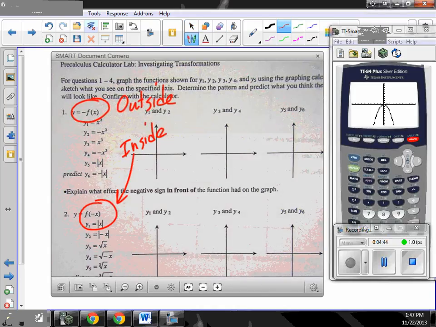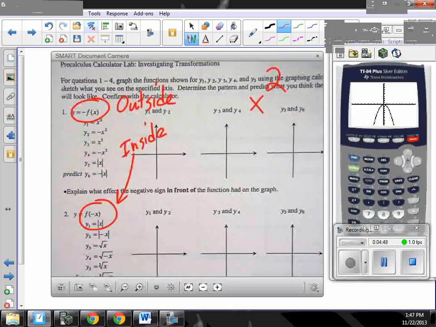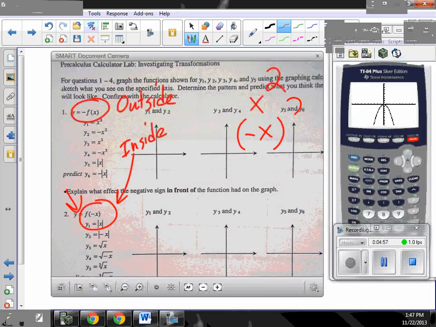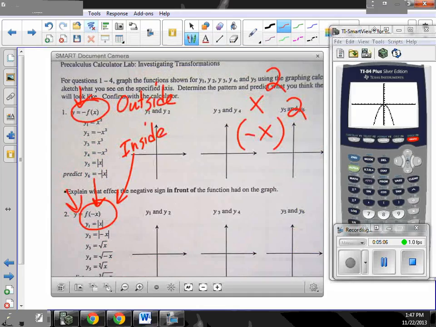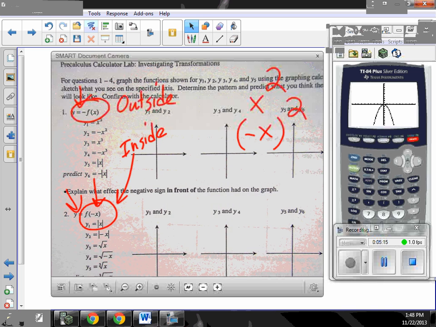So if I had x squared and I wanted to do that, I would have to do like this. So this one is outside, and this one means put all of the x's in parentheses, and instead of parentheses x, put parentheses negative x. Okay? And you'll notice that as you go through the worksheet.